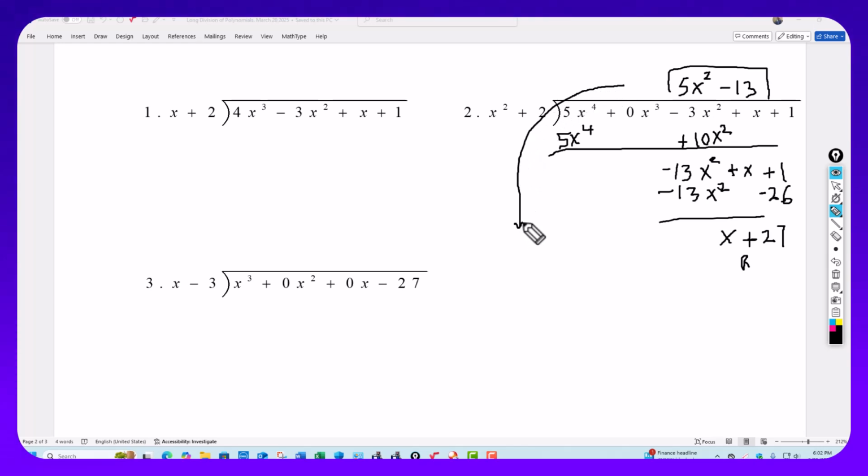Or I can just say it's 5x squared minus 13 plus the remainder, x plus 27, over x squared plus 2. Again, x plus 27 over x squared plus 2 is added to the quotient. And that's your final answer for that one.